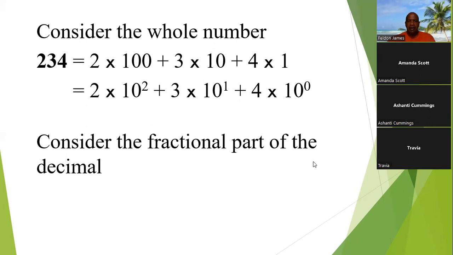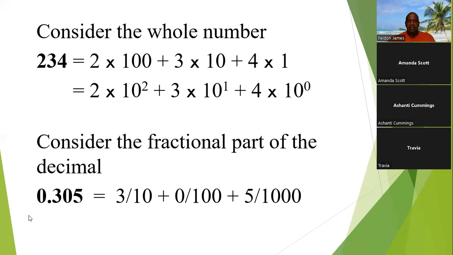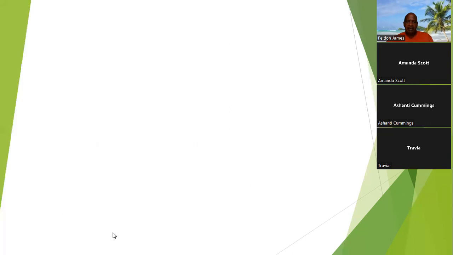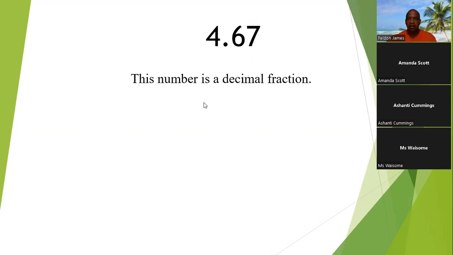Consider the fractional part of the decimal, which is the part that comes after the point. Now, see where we have the powers of 10 here. If we are to convert this number, let's say that we want to write this in fractional form, then what we need to know is that the number that comes before the point would be the whole number.